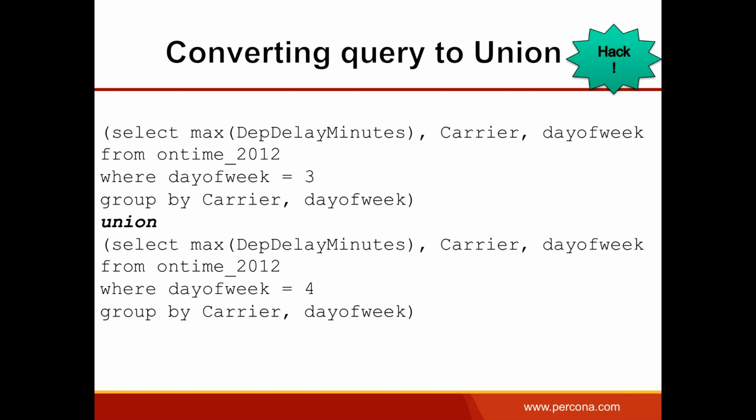In this particular case, we specify where day of week equals 3 group by carrier. We can actually remove day of week from this group by. So we can convert it to a number of queries and union them together. In this case, MySQL will be able to use an index on each of those queries.